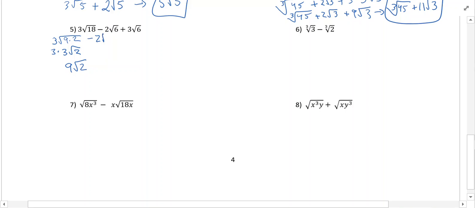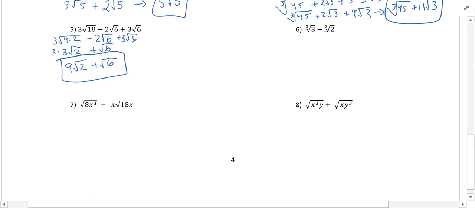So I'm just going to bring it down here. And same thing with this positive 3 rad 6, it's already simplified. But these are like radicals, so I can combine them. So negative 2 rad 6 plus 3 rad 6 will give me a positive 1 rad 6. You could write the 1. I know that it's implied, so I'm just going to leave it. And rad 2 and rad 6 are not like terms, so I can't combine it. So I'm just going to bring it down. And so then this is my simplified answer.